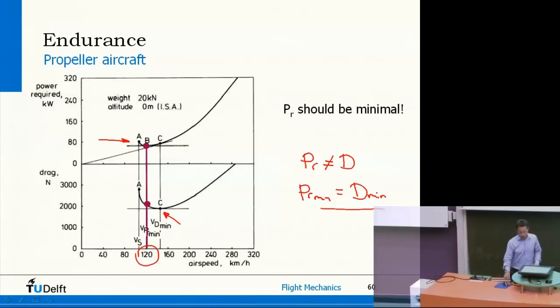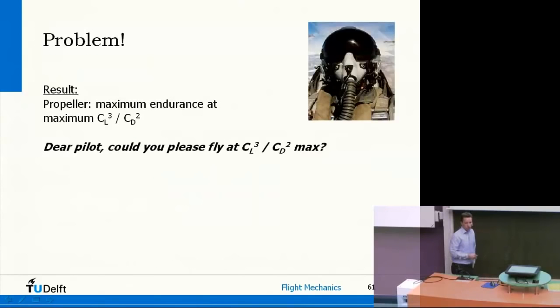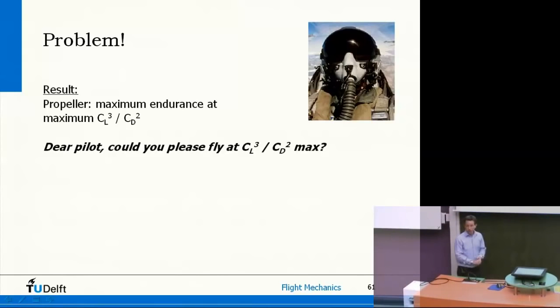So what we concluded is that CL to the power 3 over CD squared should be maximum. Now, again, we have the same problem. We have some kind of a ratio in terms of aerodynamics, and we need to calculate the corresponding airspeed now.